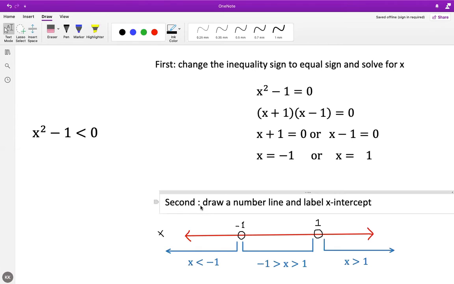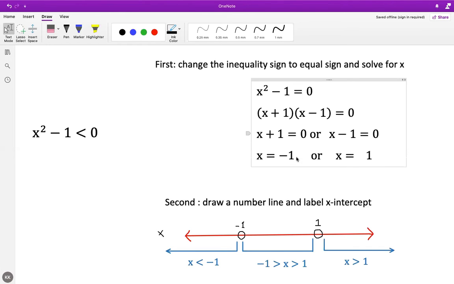The second step involves drawing a number line and labeling the x-intercepts. The x-intercept happens when y equals 0. In this example, y equals 0 when x equals -1 or x equals 1.